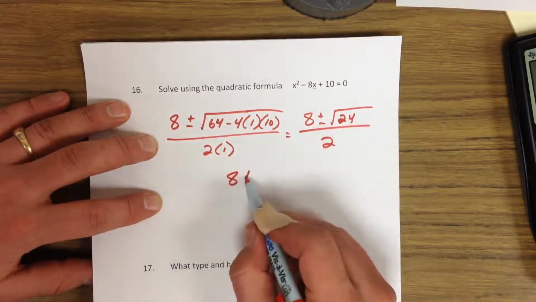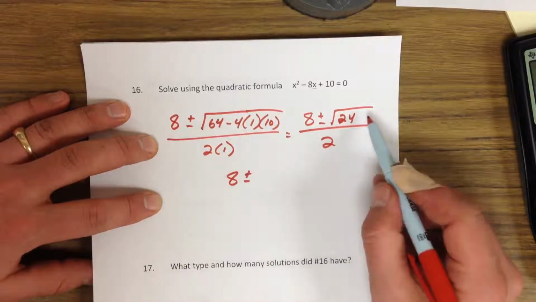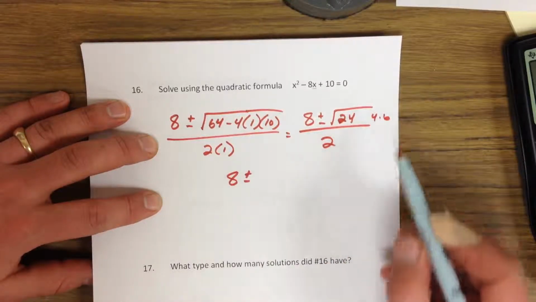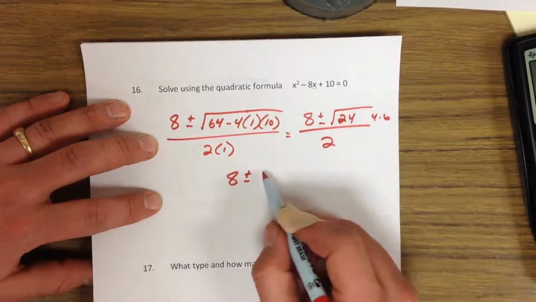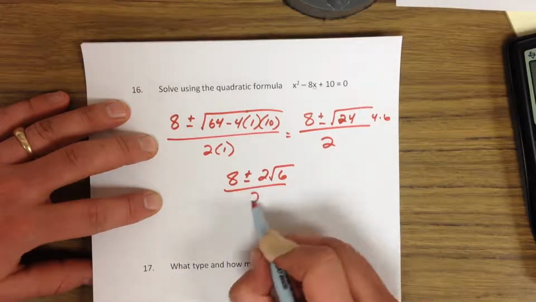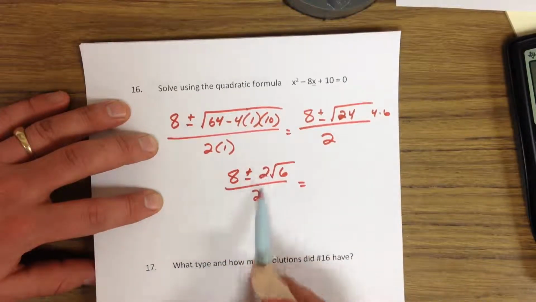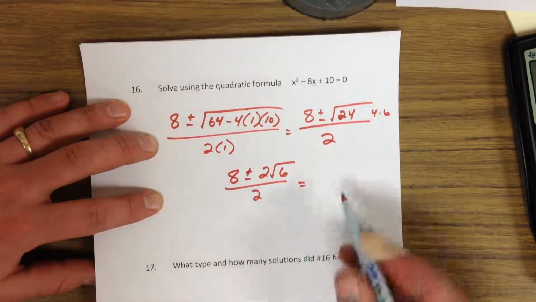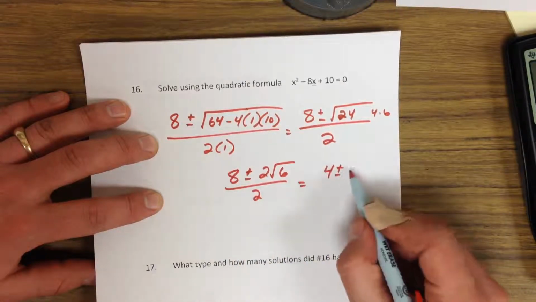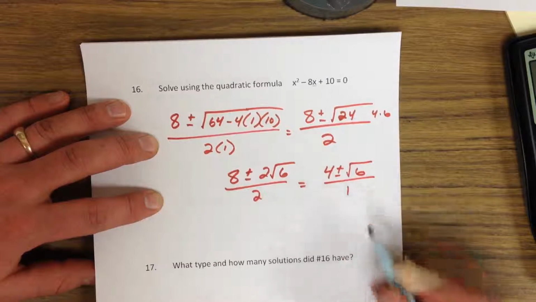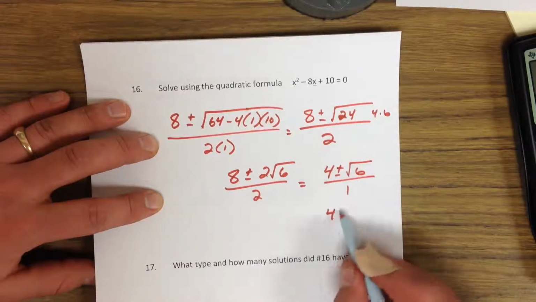So 8 plus or minus, now this can be broken down into 4 times 6, and 4 is a perfect square, so that's 2 rad 6 over 2. Again, everything outside of here is divisible by 2, so I get 4 plus or minus rad 6 over 1, which anything over 1 is just itself.